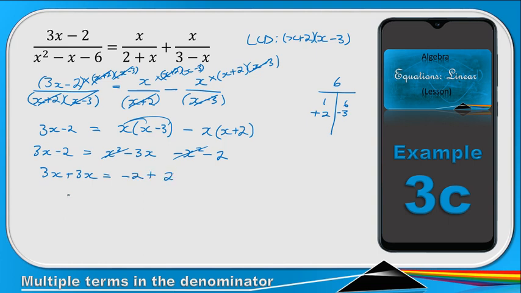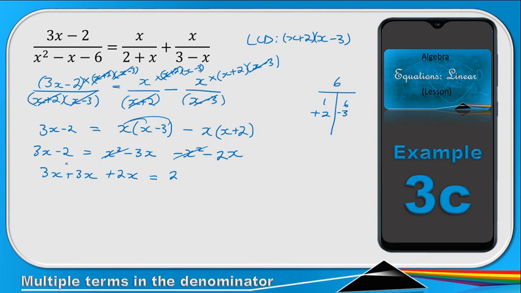Okay, so 3x plus 3x is going to give us, oh wait, this must have been x, this should have been x. Okay, so this goes back, let's just erase that. Okay, so this goes over, it becomes plus 2x equal to, and this comes over, it becomes 2.